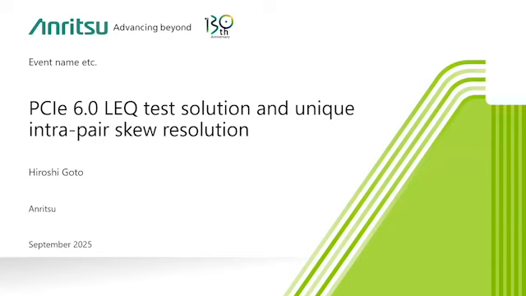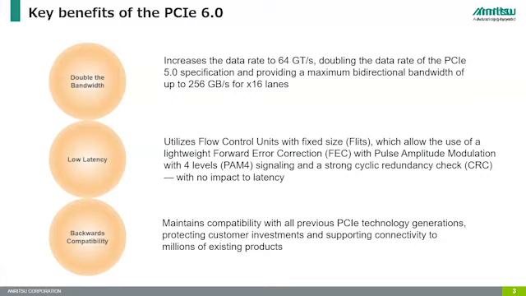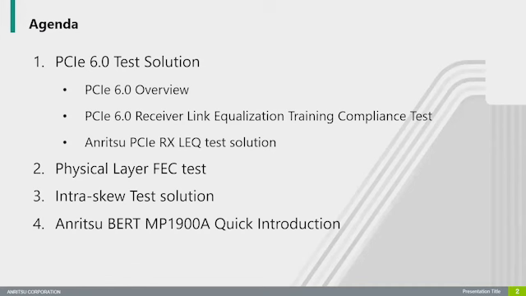Today, I'm going to talk about PCIe Generation 6 link training test solutions and unique intra-pair skew resolution. Today's agenda: first, I'm going to talk about PCIe Gen 6 test solutions, an overview, and also the receiver link equalization training compliance test.